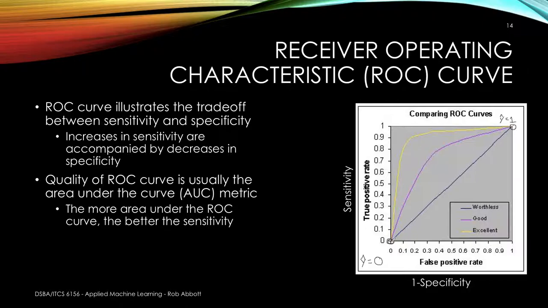And the receiver operating characteristic curve almost always has this line on the diagonal across here. If you look at the diagram here, it's got a line that says worthless.